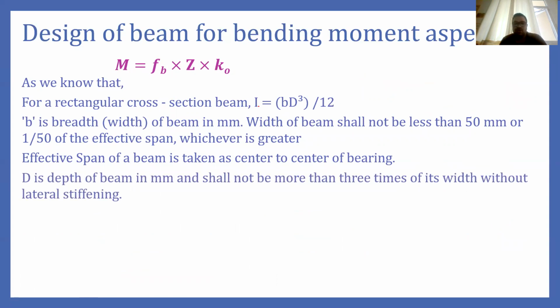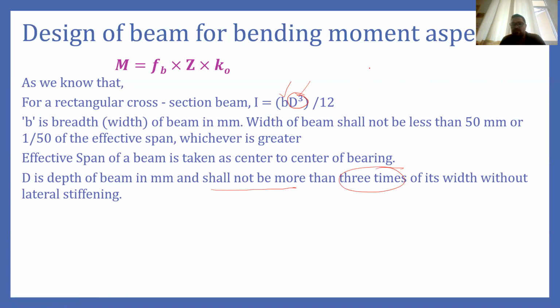And then talking about D. Once we finalize the value of B, we are also required to finalize the value of D. The IS code recommends that D, the depth of the beam in mm, shall not be more than 3 times the width without lateral stiffening.